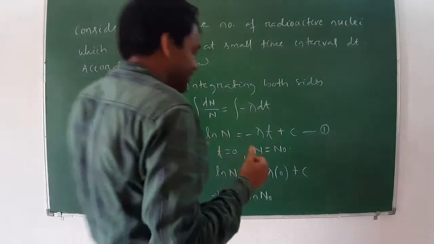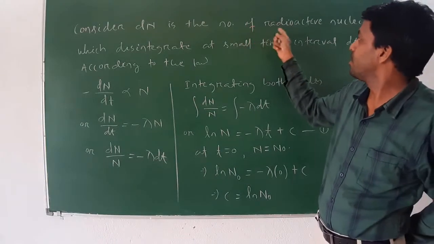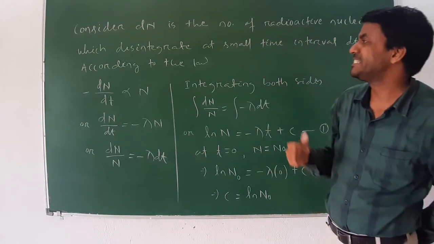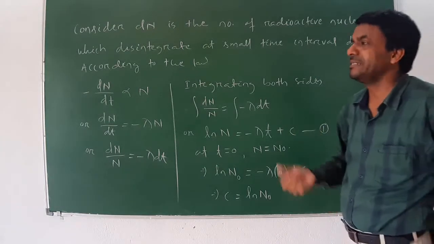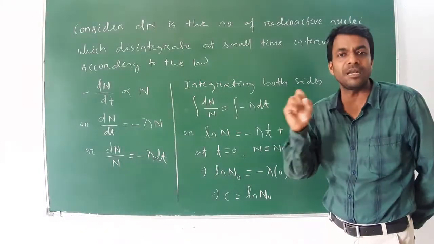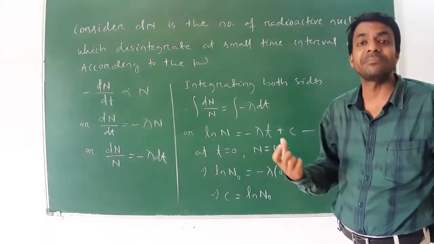Now consider dN is the number of radioactive nuclei which disintegrate in a small time interval dt.